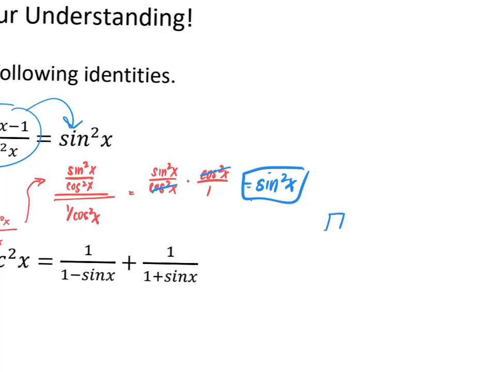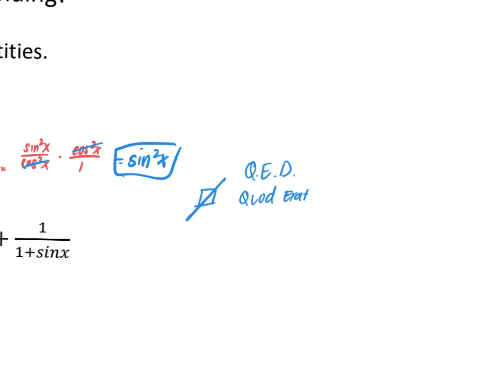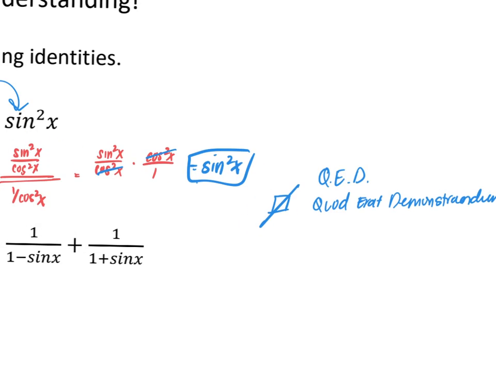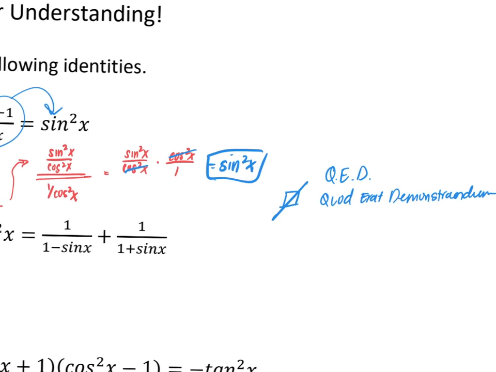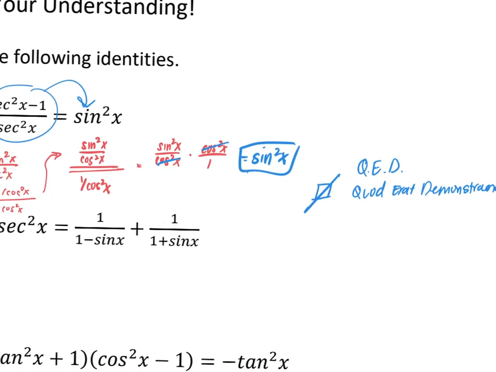And so a lot of times when you're done with a proof, you write this little box with a slash. It represents QED, which in Latin is quod erat demonstrandum, which just means we demonstrated what we wanted to demonstrate, or we proved what we set out to prove.